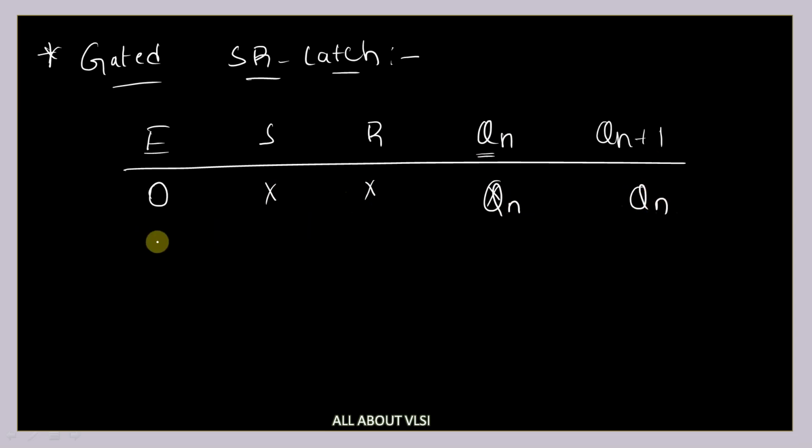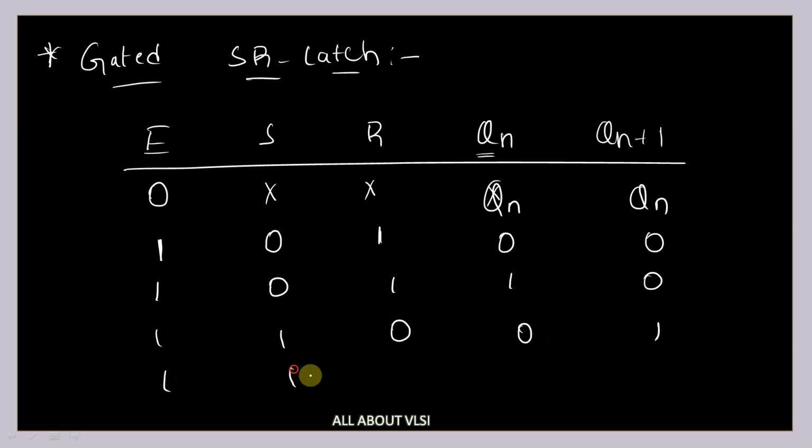And whenever your enable is equal to 1, then only your latch is going to work. Whenever S is equal to 0, R is equal to 1, and if Qn is equal to 0, Qn plus 1 is 0, and so on. Whatever table we have seen, the same table we are going to draw here.